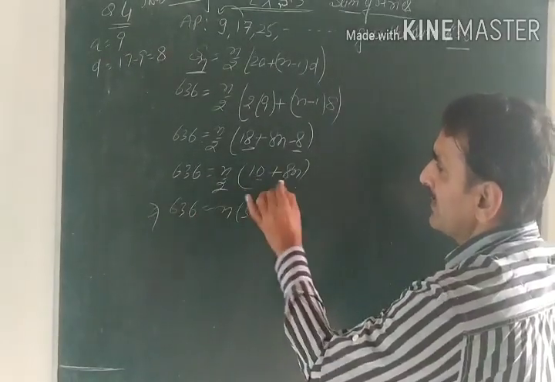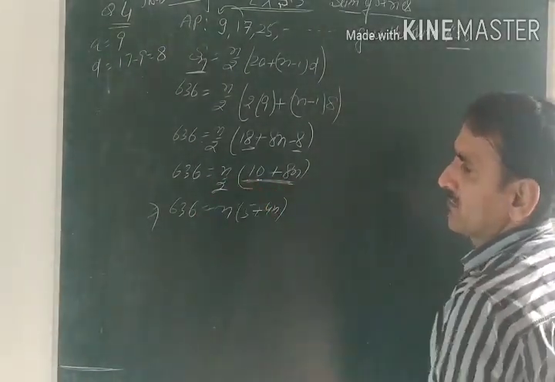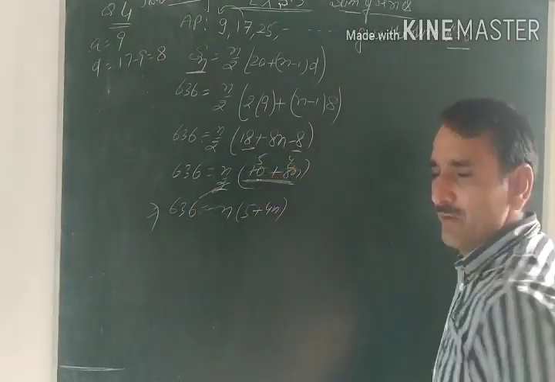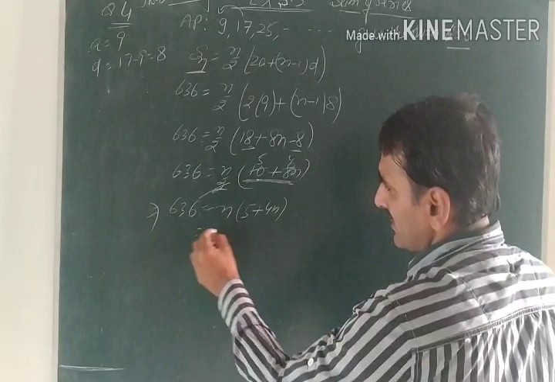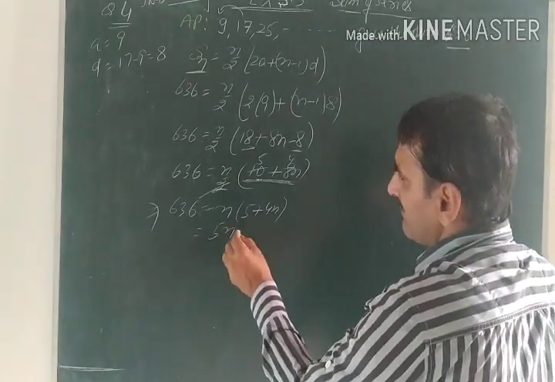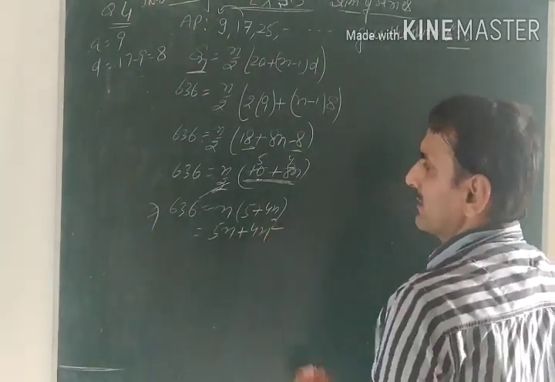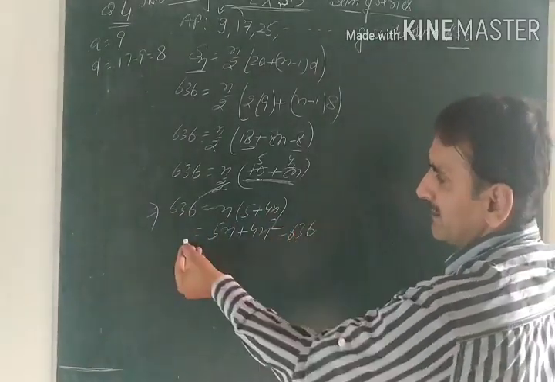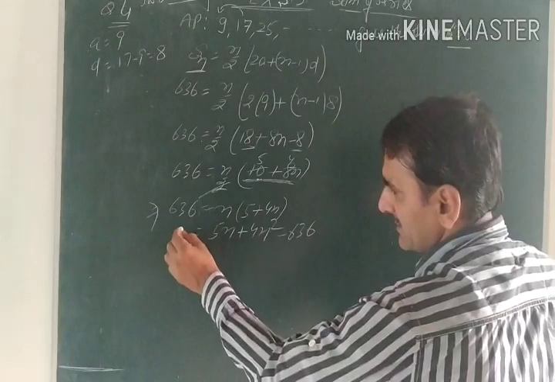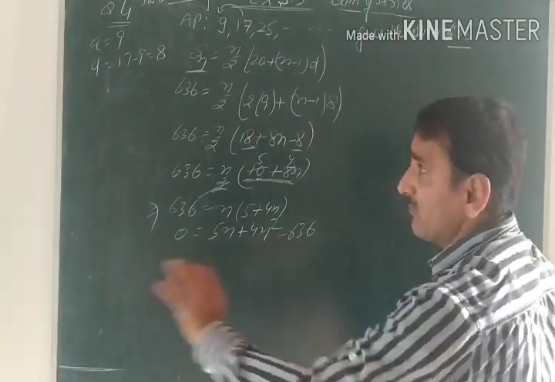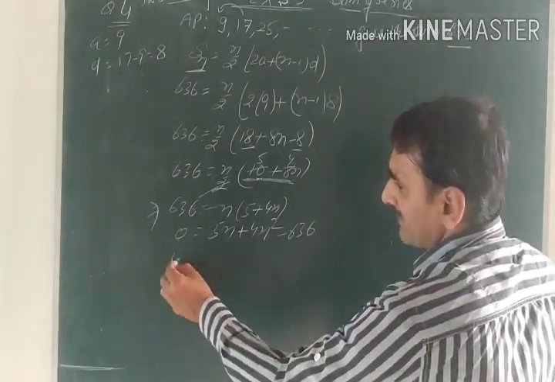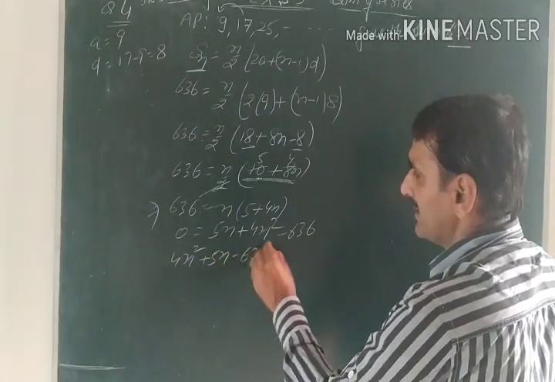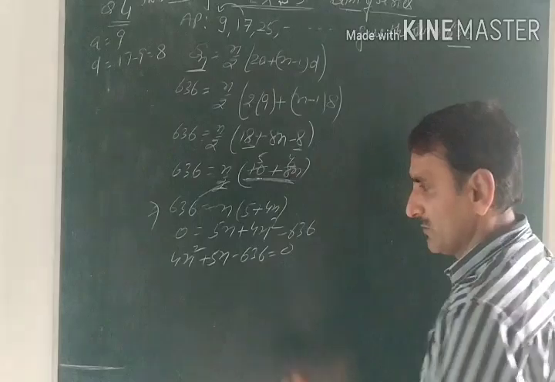This 2 divides both terms. Again we can change it to a quadratic: 5n plus 4n square, and if we transfer it here, minus 636 is equal to 0. Now simplify this equation: 4n square plus 5n minus 636 is equal to 0.